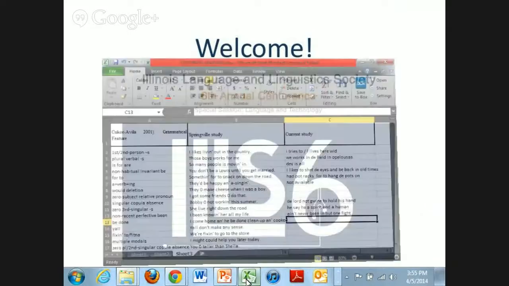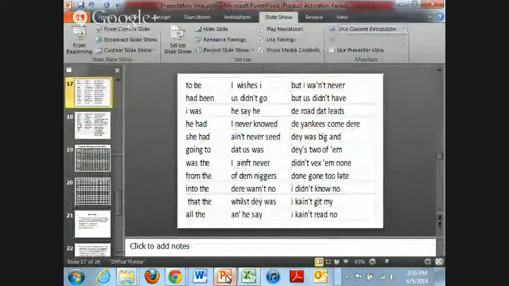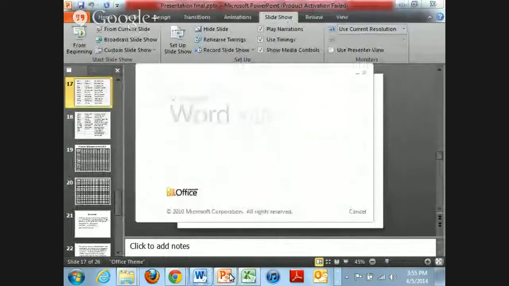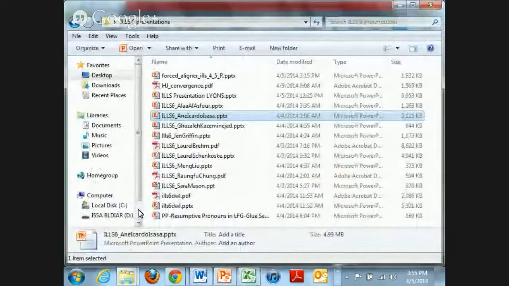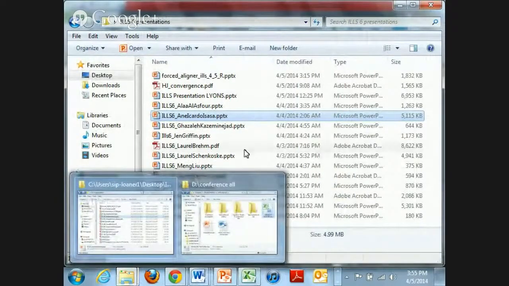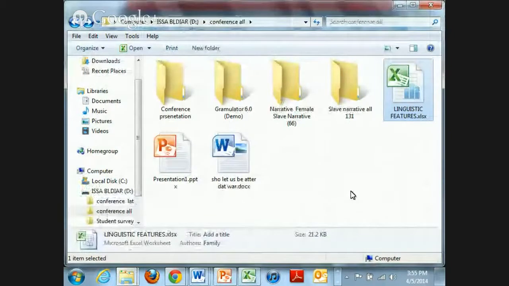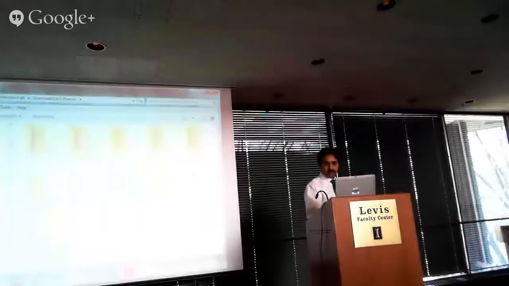My question is related to the hypothesis that most people put forward in terms of the morphosyntactic structure of African American variety of English. Can't we hypothesize from the perspective of language acquisition? Those slaves were sort of segregated from their masters.